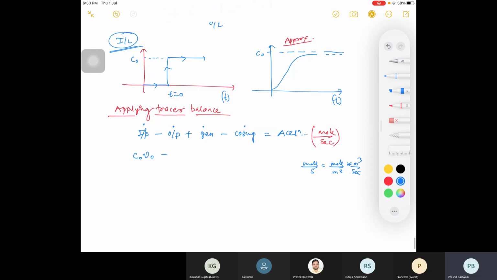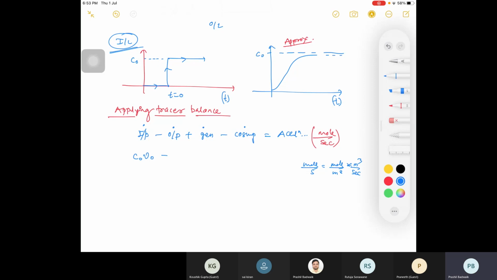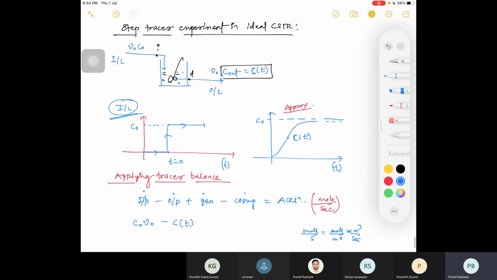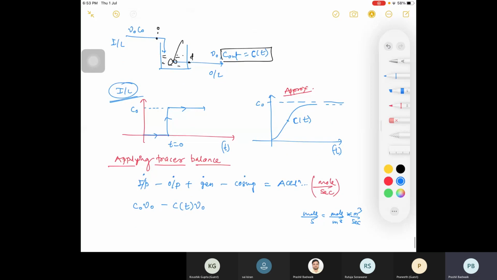Minus, will there be output? Yes, and that is CT into nu naught. Same volumetric flow rate to have steady state.